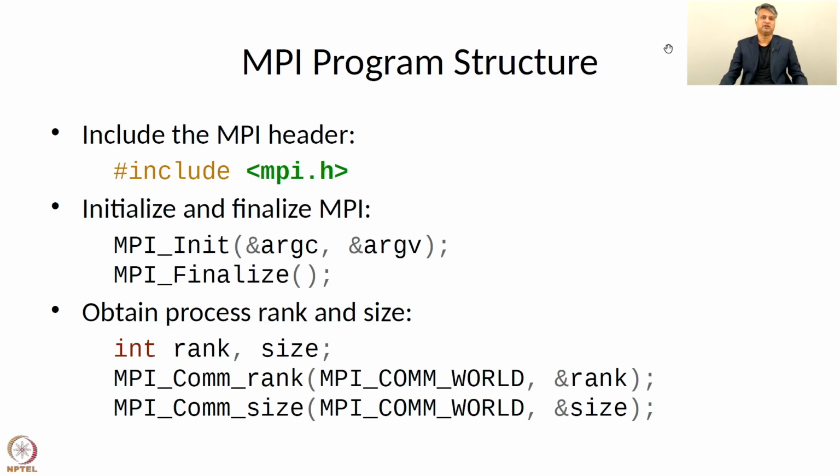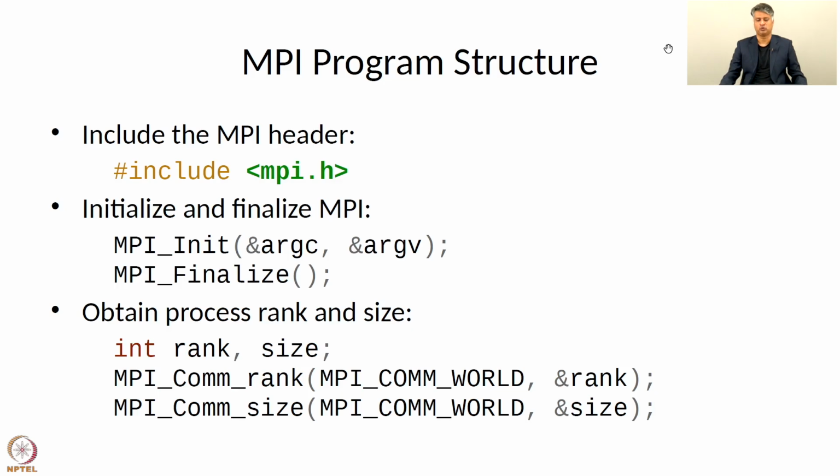If you do this, the program then knows where it needs to go and execute. And to close out the program, you need to have a finalize function call, which ends all the programs smoothly and does a synchronization.